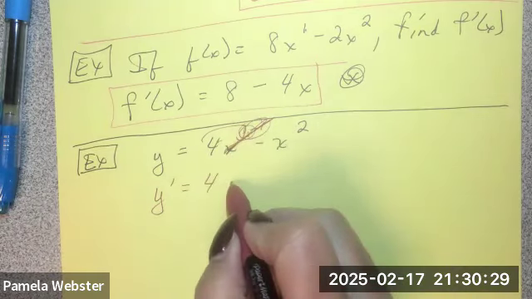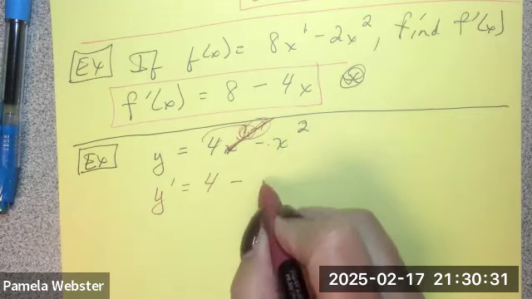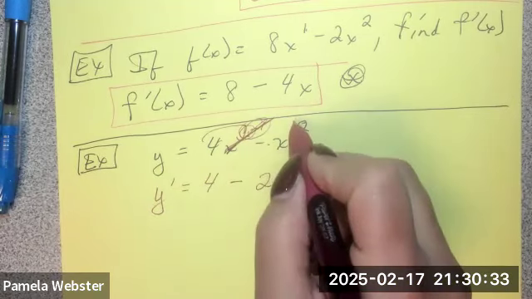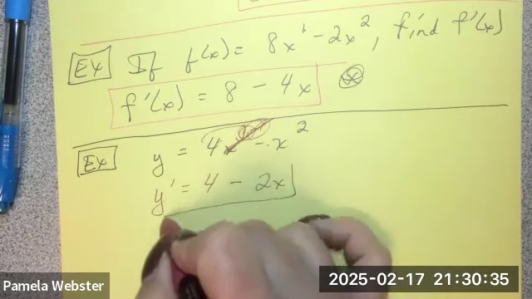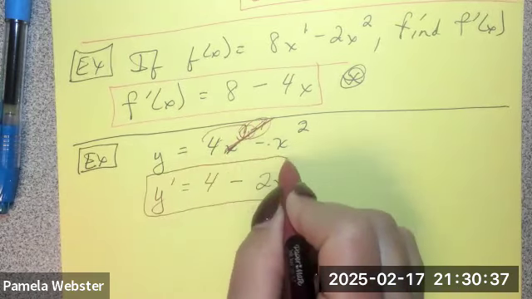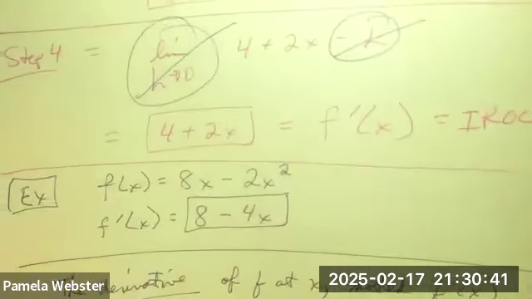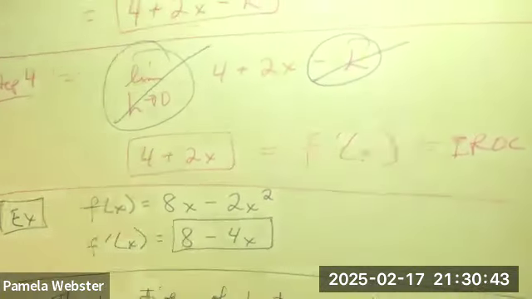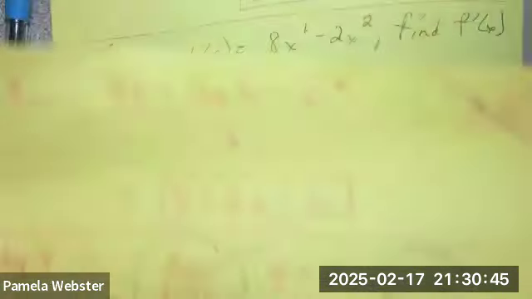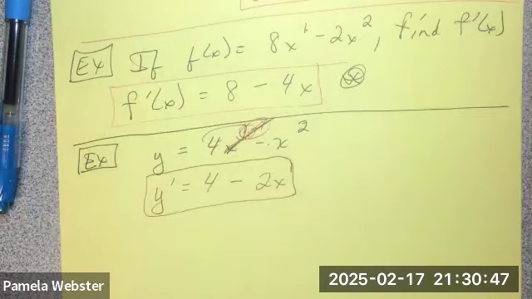Okay. Minus 2x to the first. We don't care about that x to the first. Look at that. We did it in one quick step. That's the same answer we had, 4 plus 2x, right? 4 plus 2x. Oh, I'm sorry. Apparently, the last time it was a minus sign.